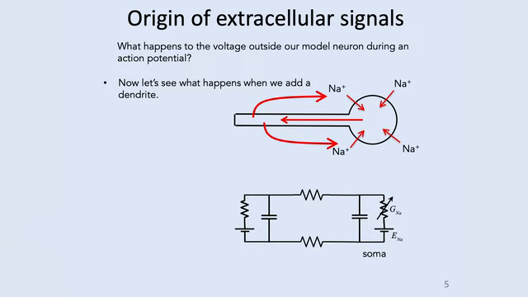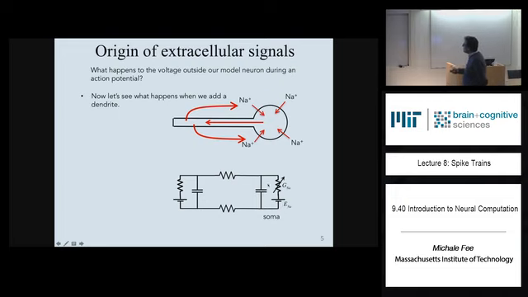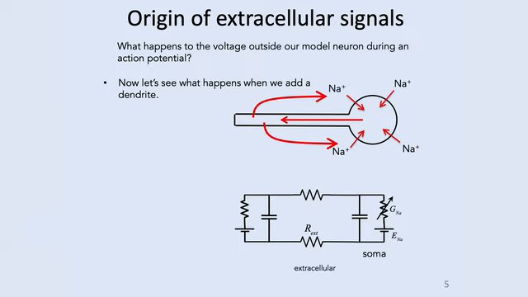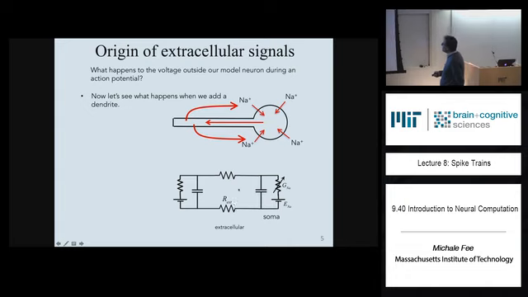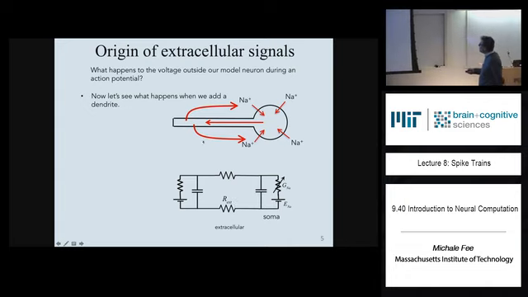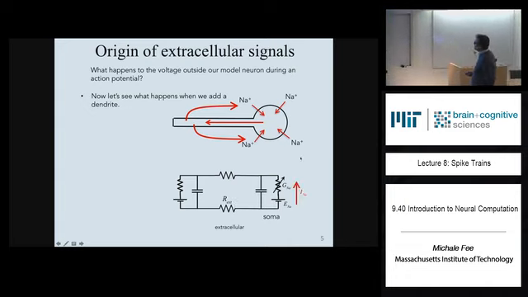So in this case, if we write down the equivalent circuit model of what this looks like, this is the somatic compartment, this is the dendritic compartment. In our earlier calculations of current flow through dendrites, we were neglecting the extracellular resistance, but in this case, we are going to include it, because that extracellular resistance is what produces a voltage drop in extracellular space.